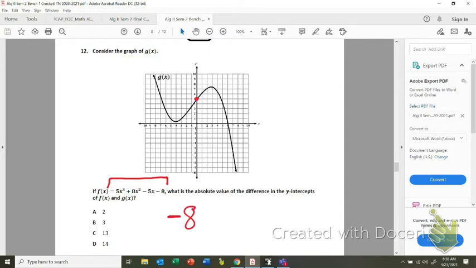If I put a point on this graph at negative 8, how much does it take me to get from the green point to the red point? Or red to green? How many units? 13 units. Now, why do you think it says the absolute value?